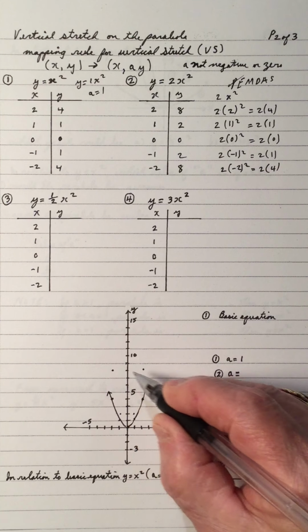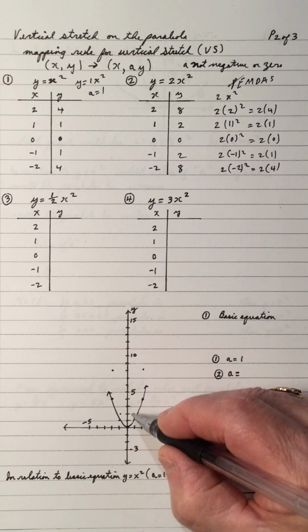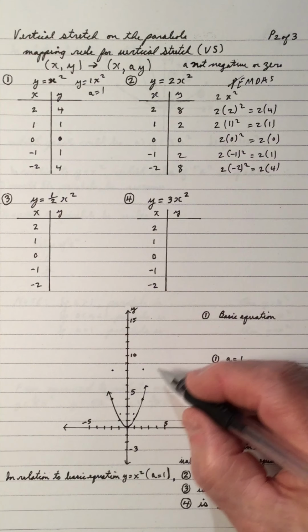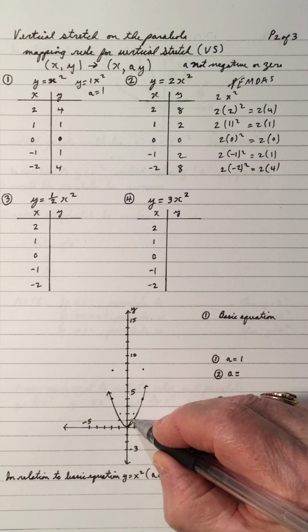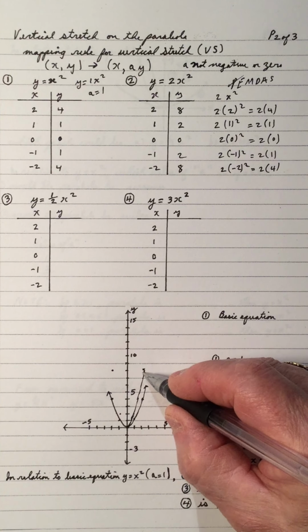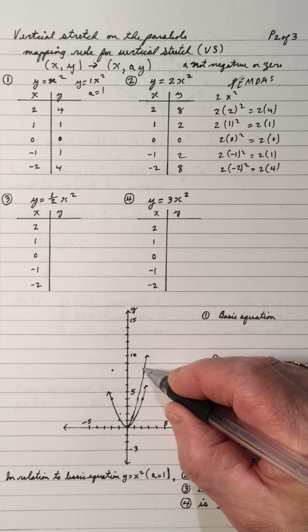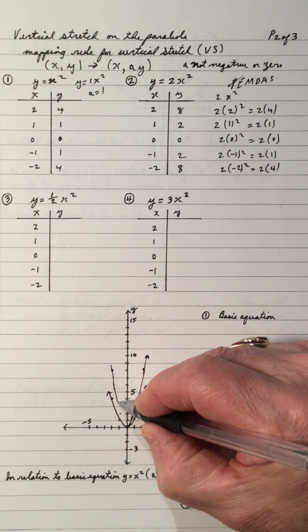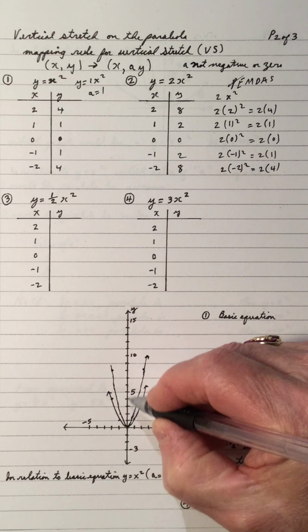So notice that the parabola now has the y value doubled. So that means the parabola has a vertical stretch of 2, doubling it.